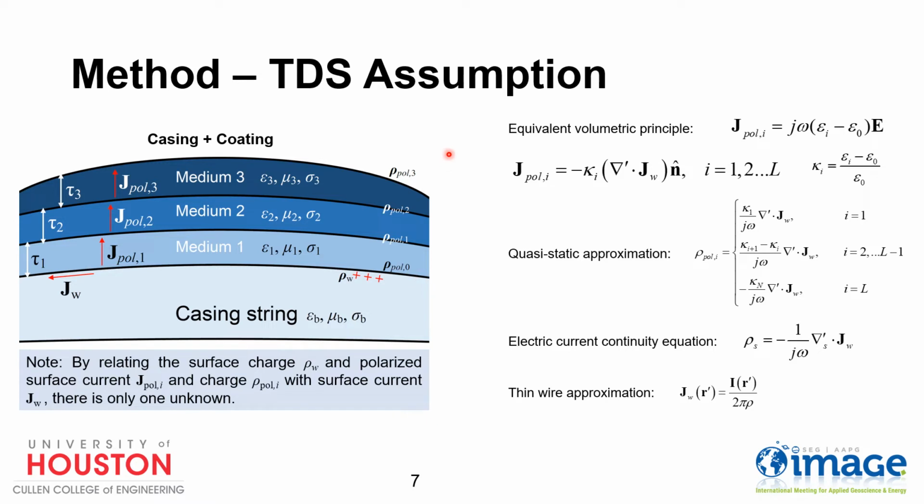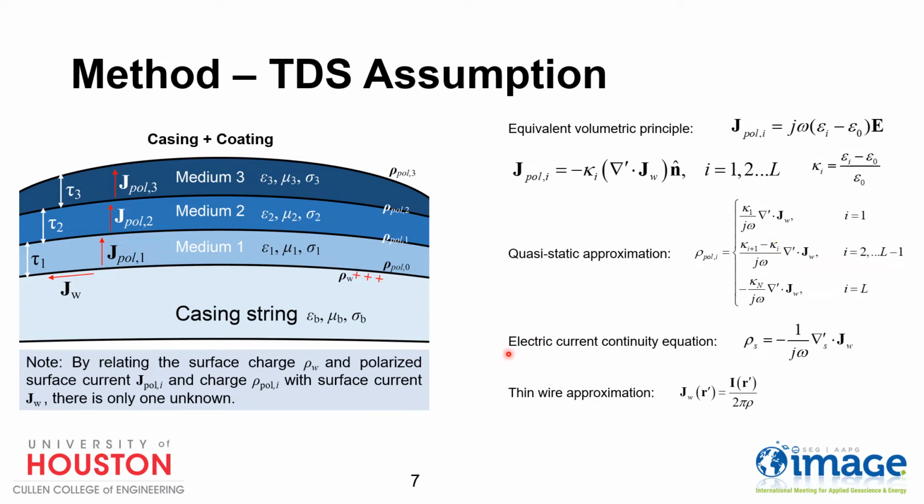However, we can use the volume equivalence principle to relate the polarized current with the electric field, and then we can use the boundary condition of the electric field to express this polarized current using the surface current. Similarly, we can use a quasi-static approximation to approximate the polarized surface charge using the surface current.